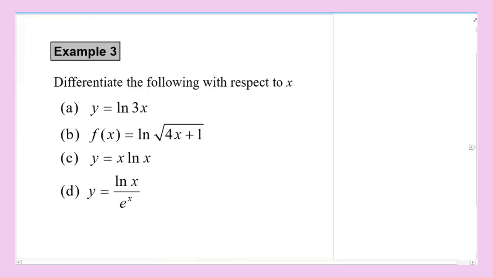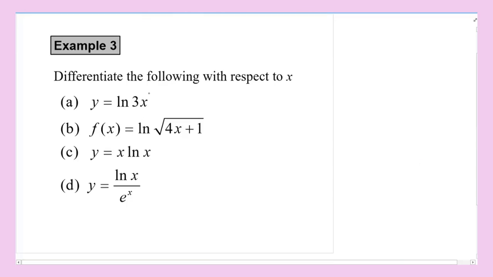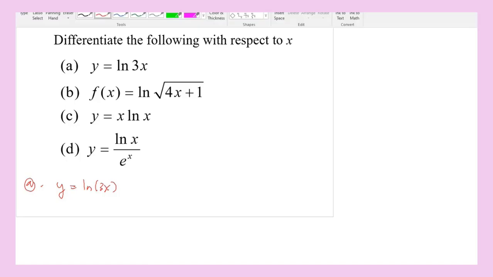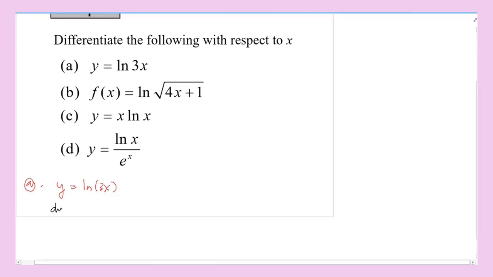Okay. Example 3, ini kita buat A, y is equal to ln(3x). Bracket lah, cantik sikit kan. So ini dy/dx. Okay, dan turun darjat semua 3x. Then differentiate whatever in the bracket, that is 3. So simplify, 1 over x.